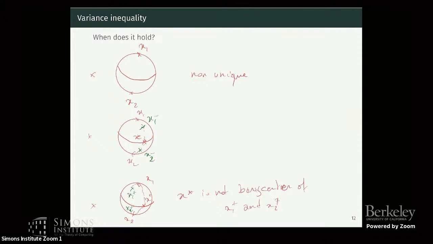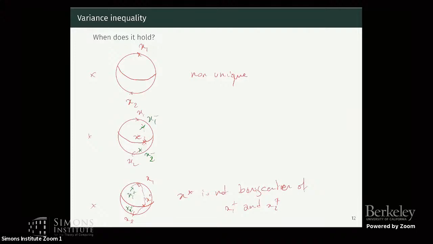From this drawing, the hope we have is that once we have our points around our barycenter, if we're able to push them away from their barycenter and still have the same barycenter, we're in a case where everything is behaving well and we have a variance inequality.